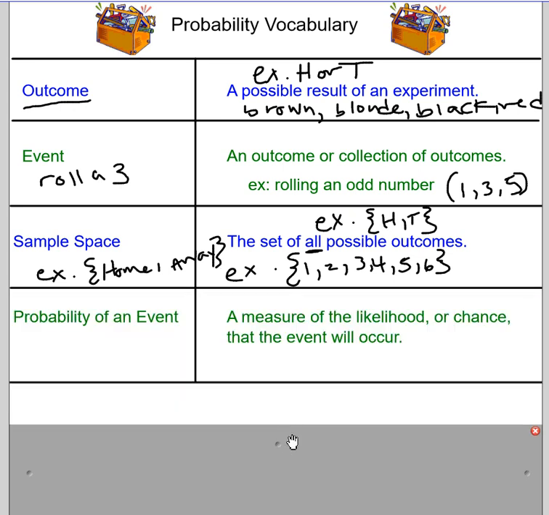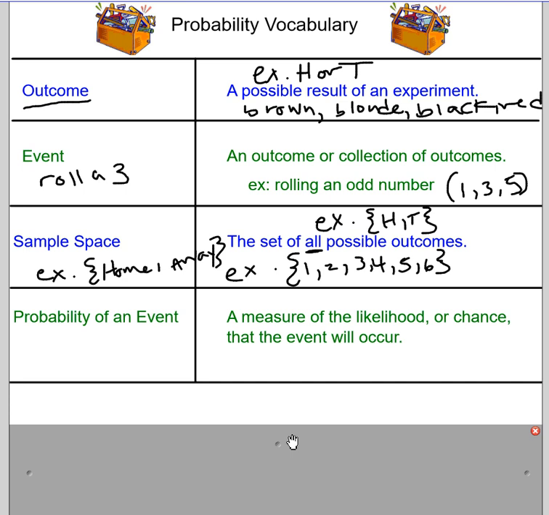Okay, probability of an event. The probability of an event is a measure of the likelihood or chance that the event will occur. So you probably already know a little bit about probability. If something is definitely going to happen, think about what probability that event has. If something is definitely going to happen, we say there's a 100% chance of that event occurring.